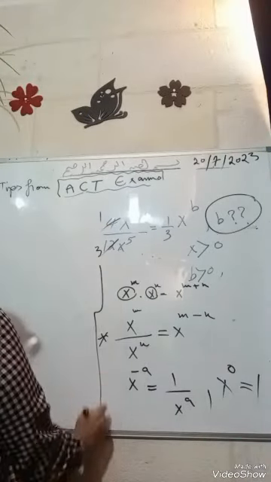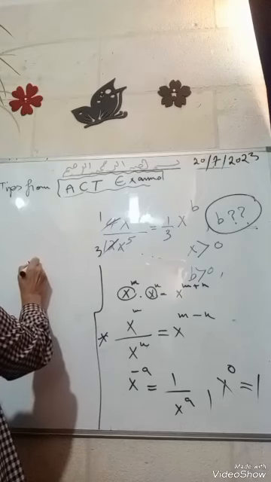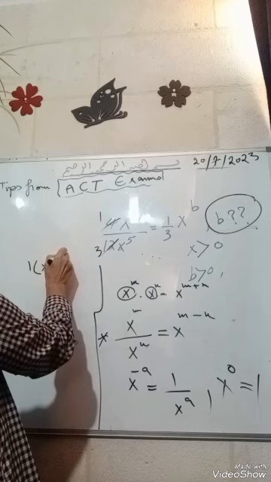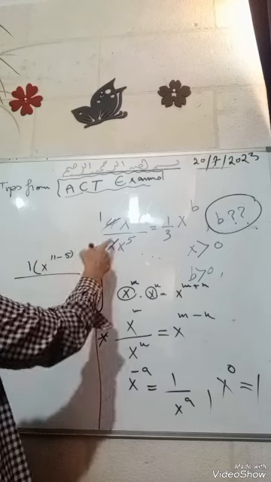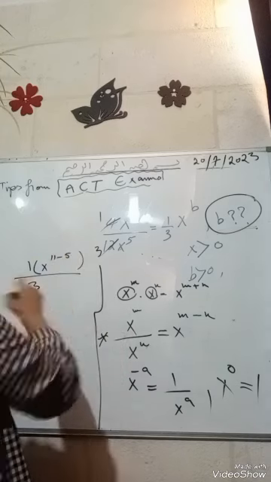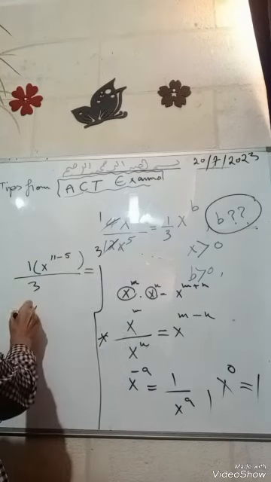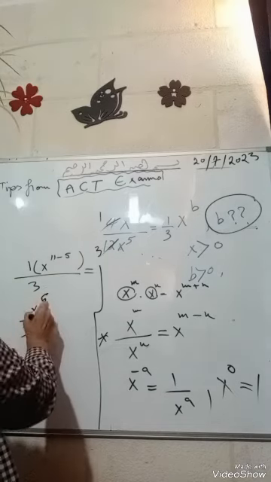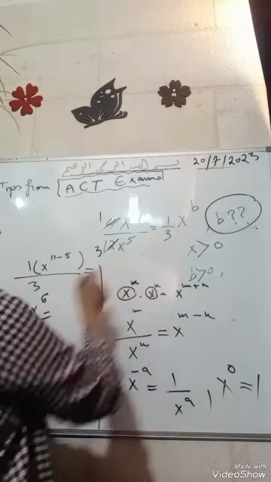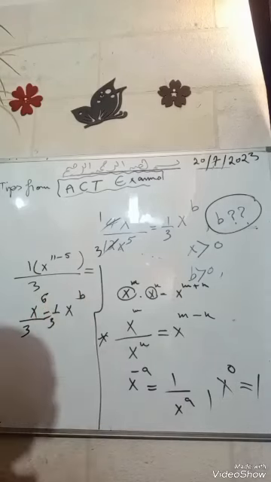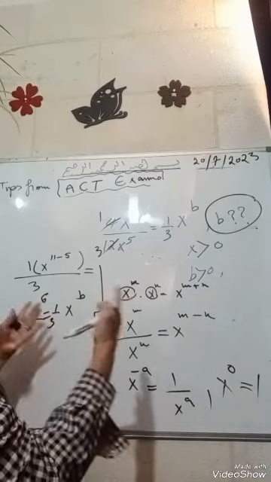It becomes 1 times x to the power 11 minus 5, divided by 3, and that equals x to the power 6 divided by 3, which equals the right side, 1/3 x to the power b. We have to compare.